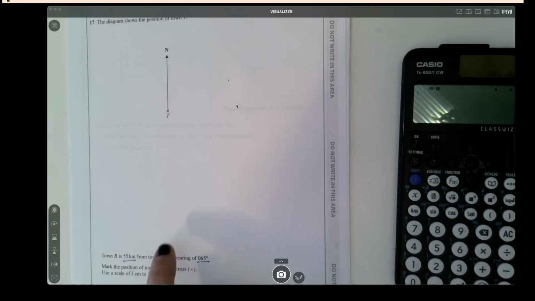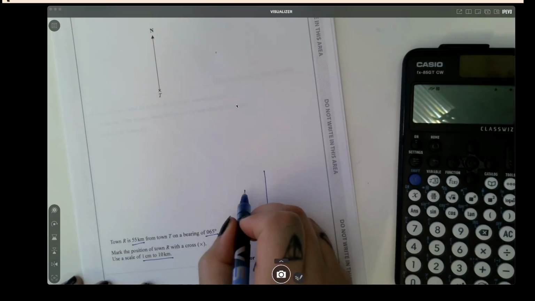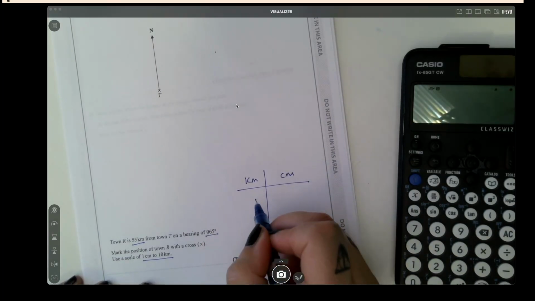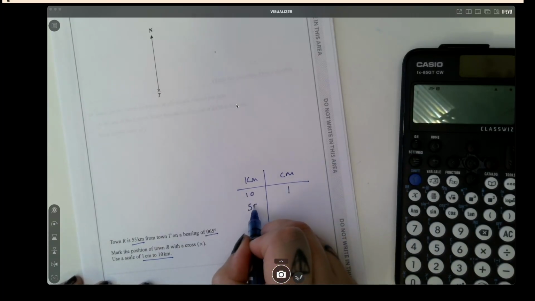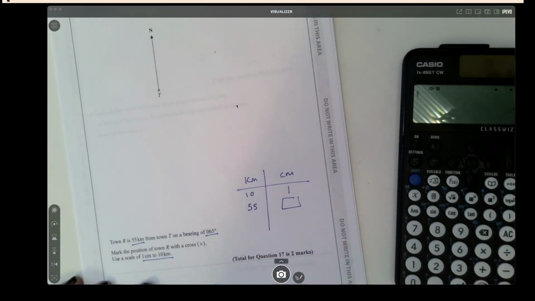Now we need to figure out how far away from T this town is. It gives us a scale of 1 centimetre is 10 kilometres. So we've got 55 kilometres. So that's kilometres, that's centimetres. 1 centimetre is 10 kilometres, but I've got 55 kilometres, so I need to figure out how many centimetres.